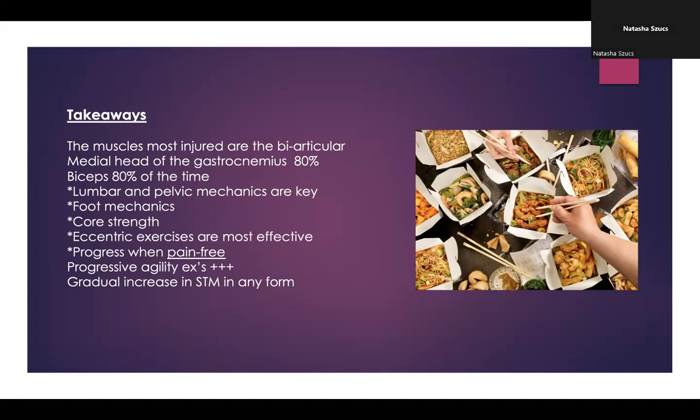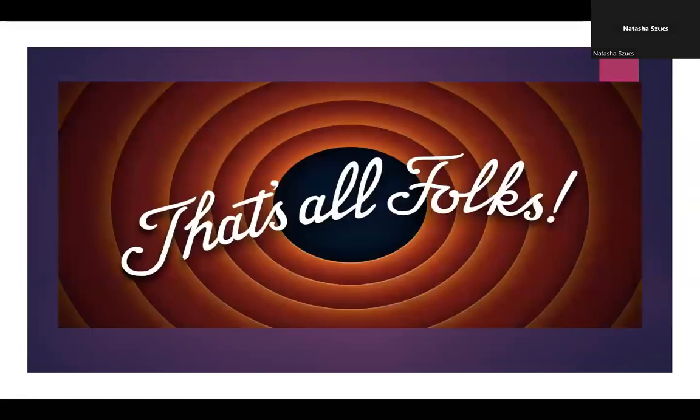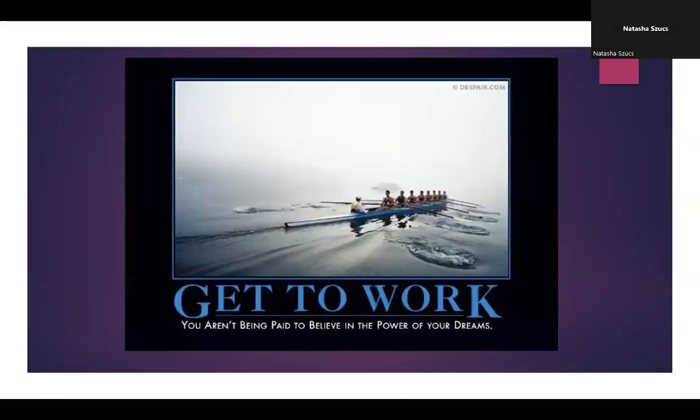Foot mechanics as well, so you want to do a lot of core exercises. The eccentric exercises, those people do much better as well. And always pay attention, it's got to be pain-free. And people who get soft tissue work, any massage, do better as well. Then you can go into progressive agility exercises. And that's it.